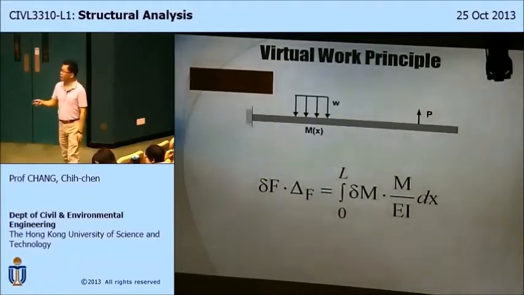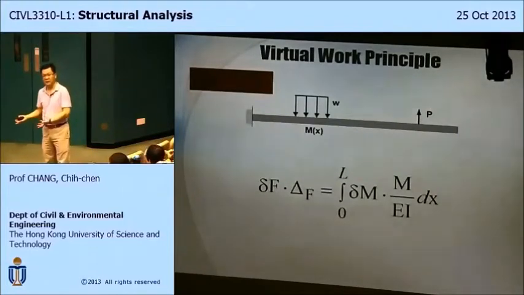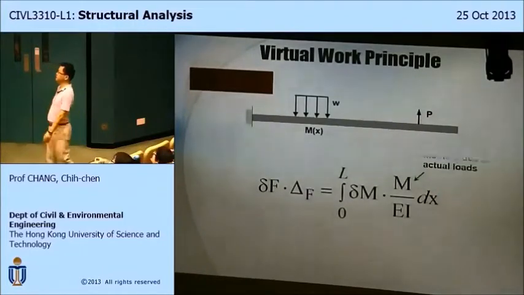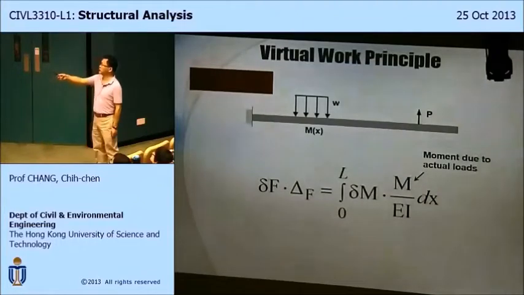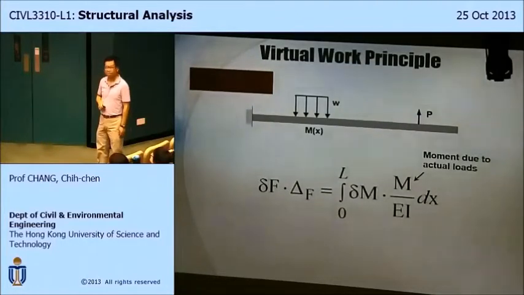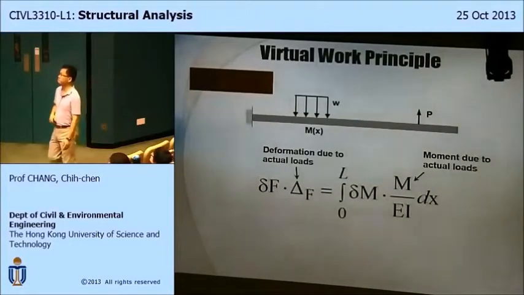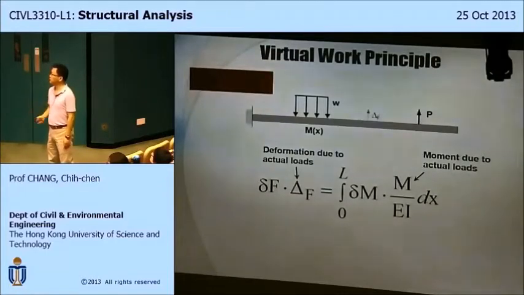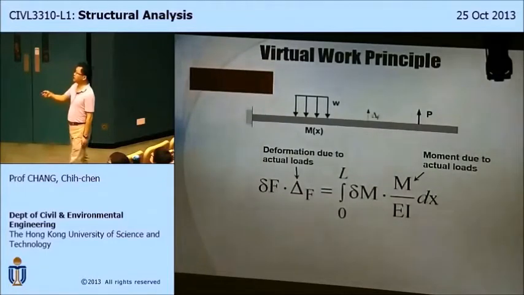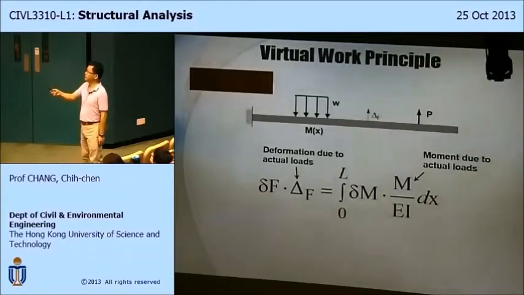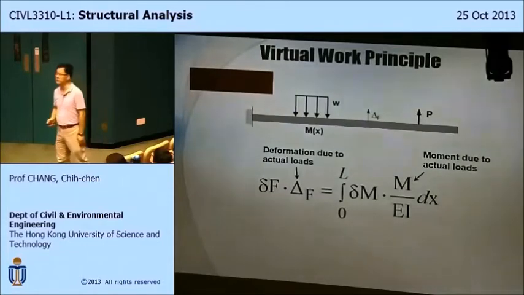Just like before, there are some real parts and some virtual parts. This is the real moment due to the actual loads, and this is the deformation, the displacement, that we are looking for. Depending on what you're looking for, if you're looking for displacement there, then you need to assume a virtual force corresponding to that displacement.